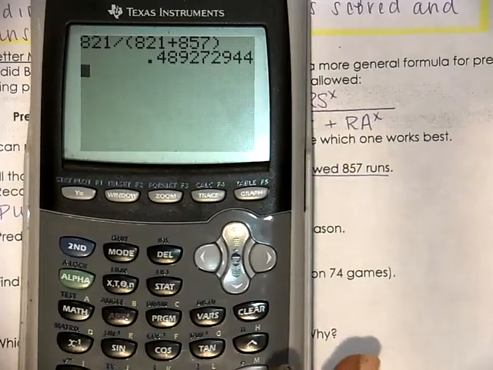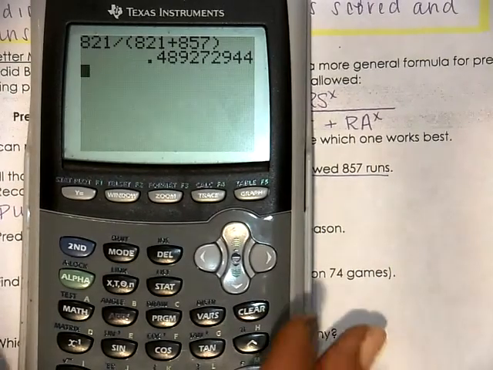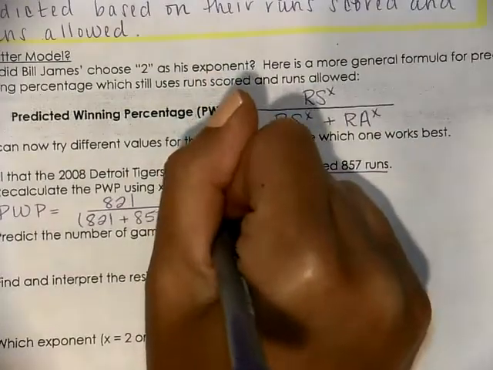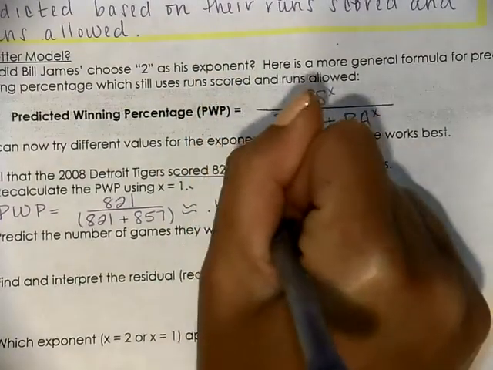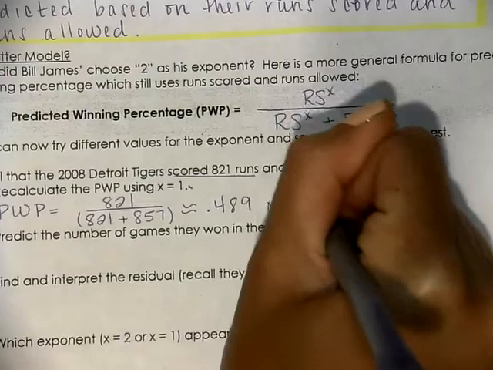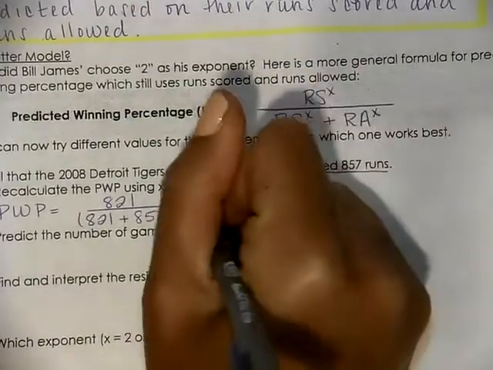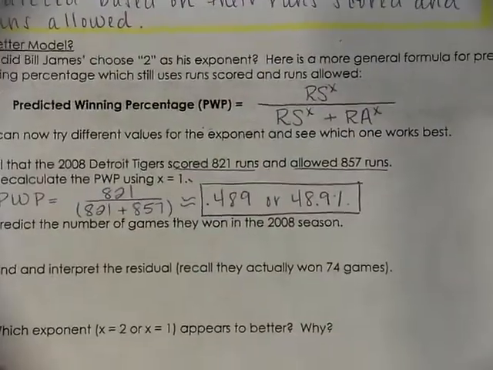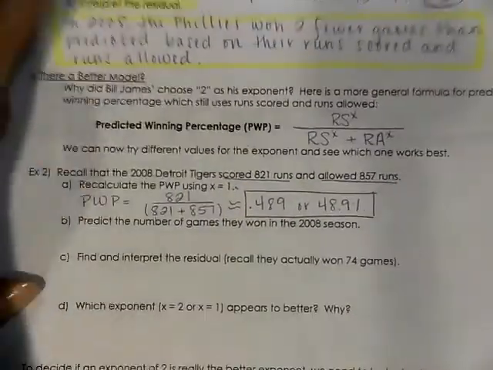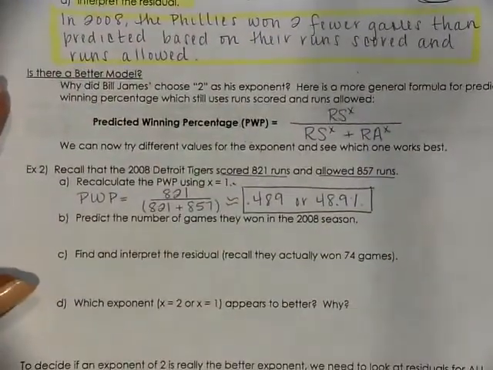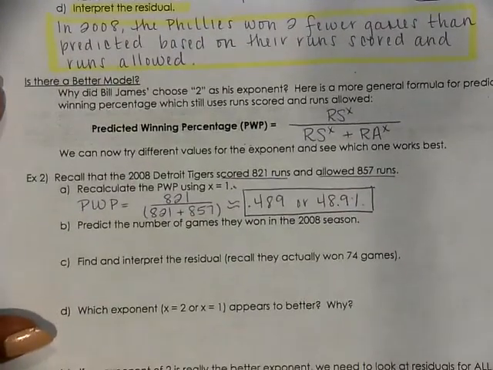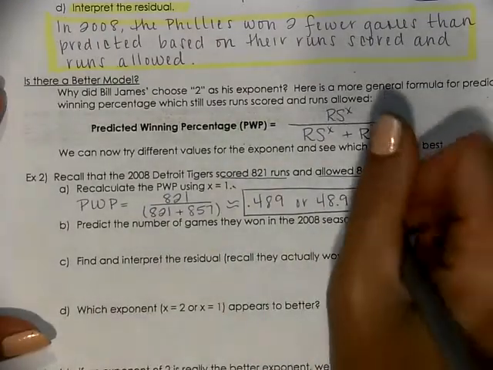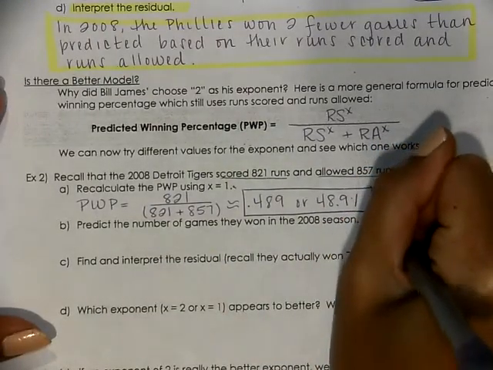So I get a winning percentage of about 0.489 or 48.9%. Now, predict the number of games they won in the 2008 season. Remember, what it doesn't say is just recall that they play 162 games.